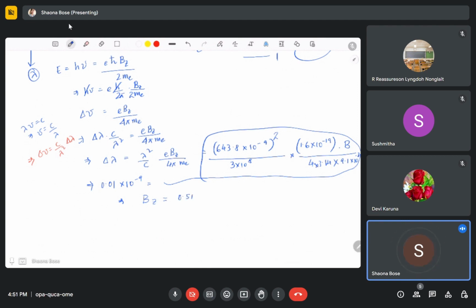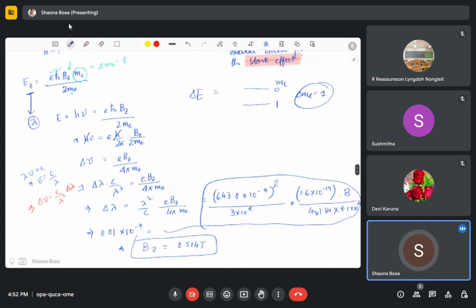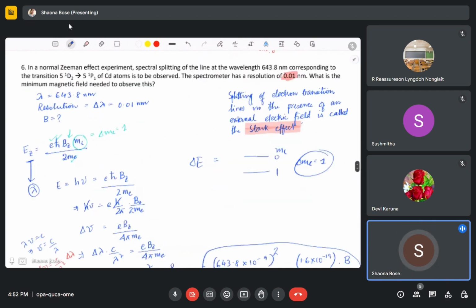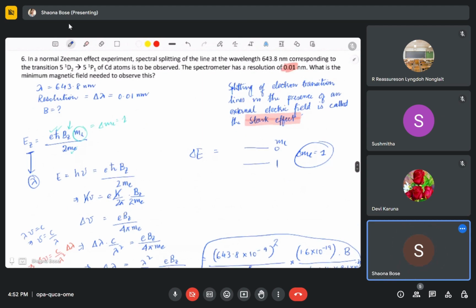Okay, so the value that I have here is 0.514 Tesla. Hope it matches with what you've got. If not, let me know.